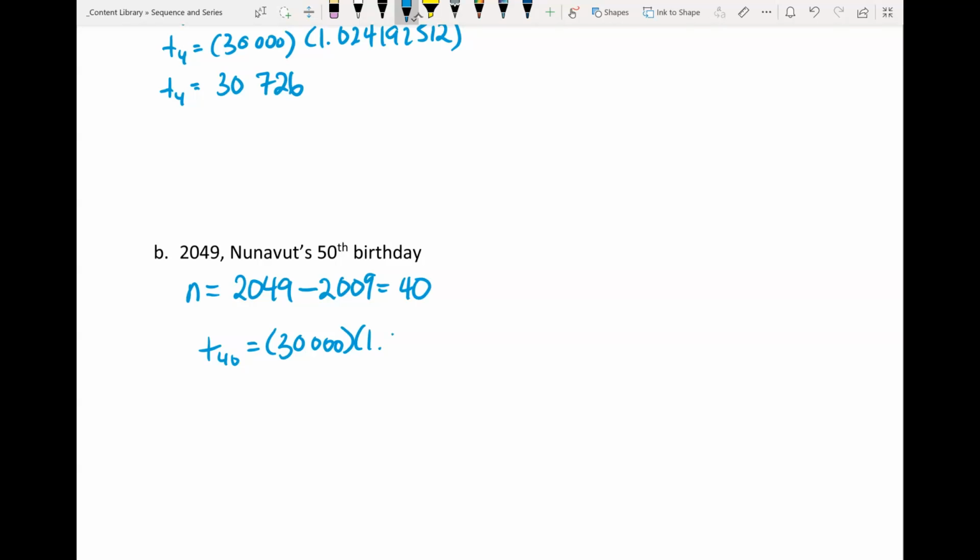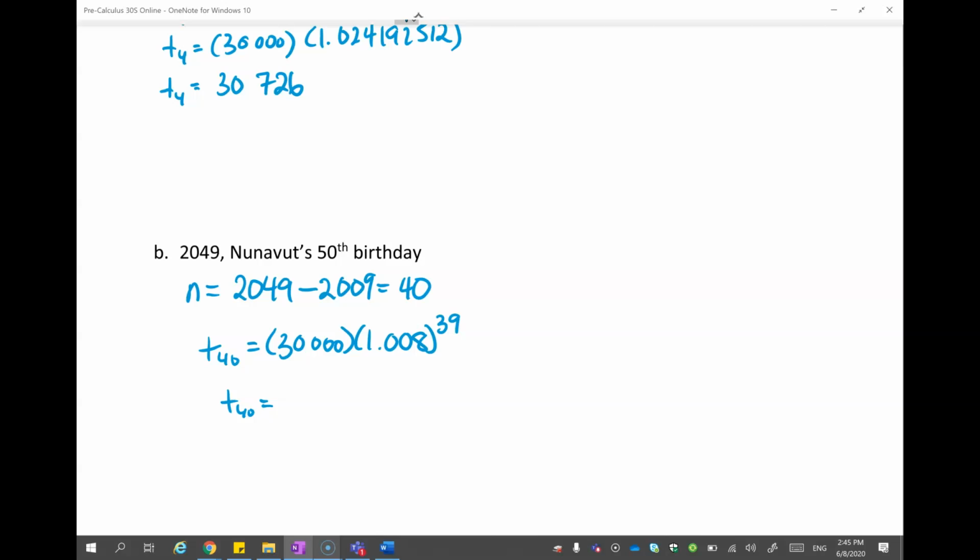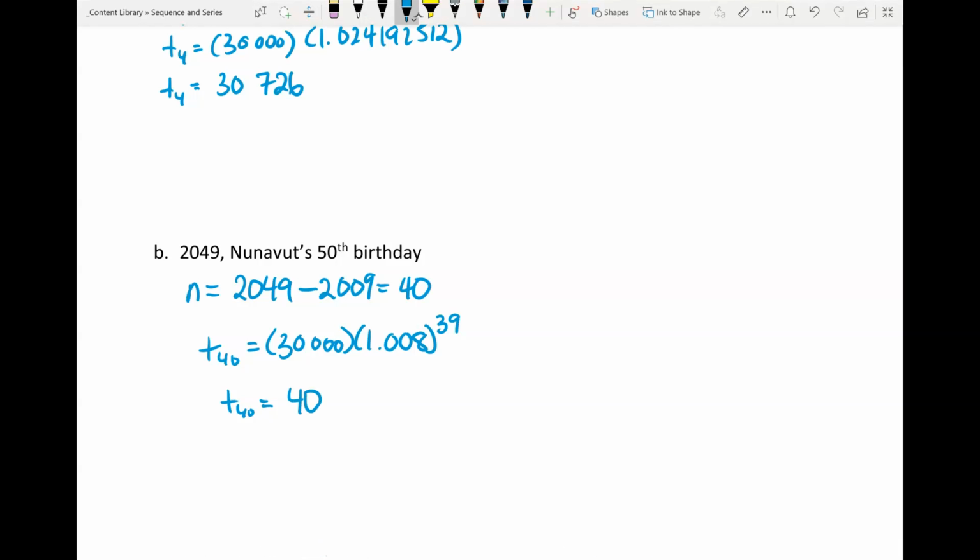We have R, which is 1.008, and then n minus 1, which is 39, because that's 40 minus 1. I put this in a calculator, so remember to find 1.008 to the power of 39 first, and then multiply by 30,000. I'm going to get 40,934 people in the year 2049.